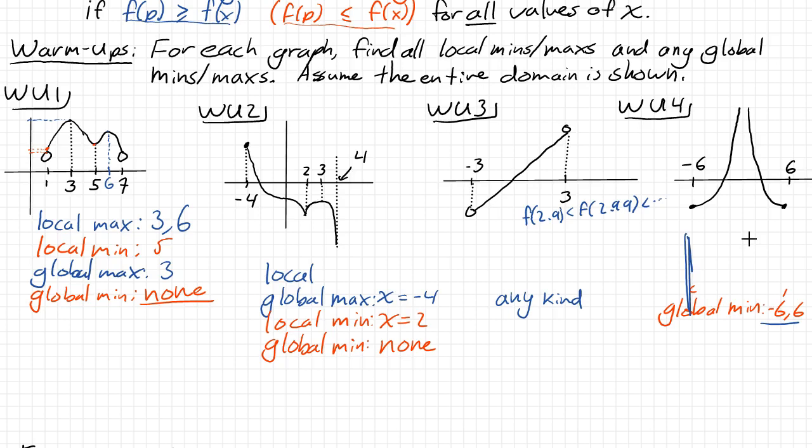So you can see here, the ones that do not have a minimum. Let's see, this one doesn't have a minimum or a maximum, and it doesn't have any critical points either.